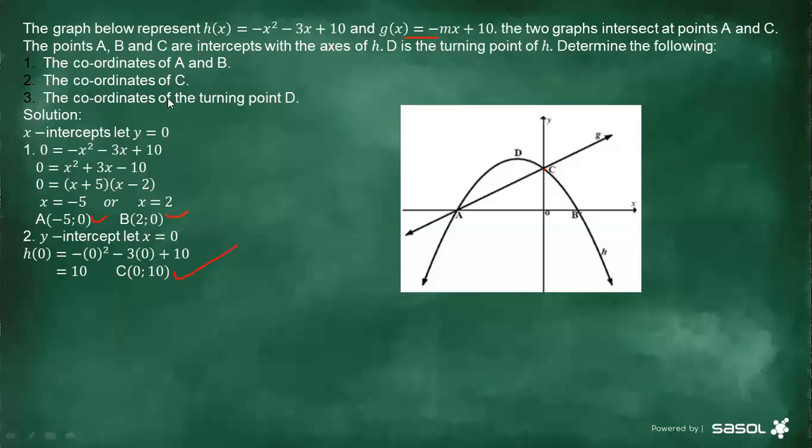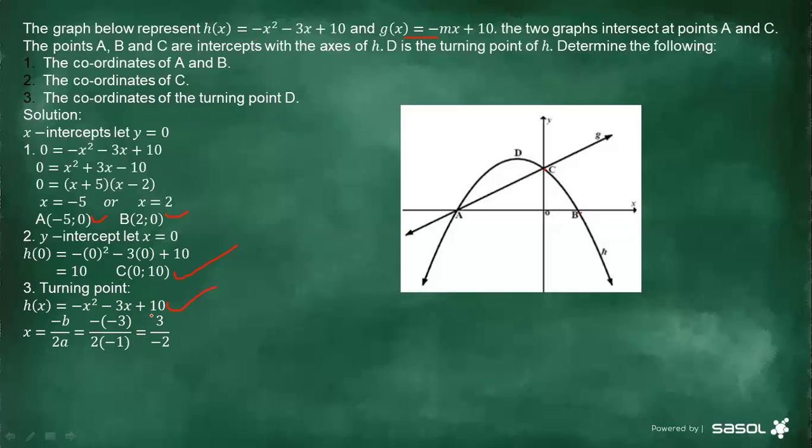Number 3, the coordinates of the turning point D. Let's determine the coordinates of a turning point. Because it is in this form, remember you use a formula, which is x equals negative b over 2a. That will help you determine the value of x.